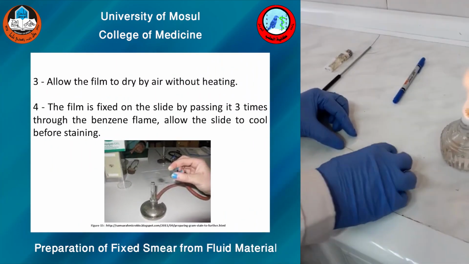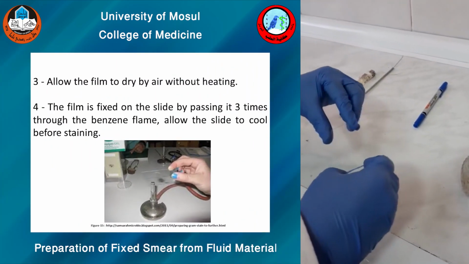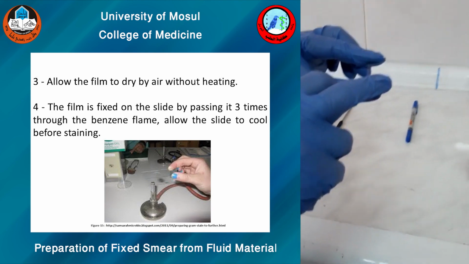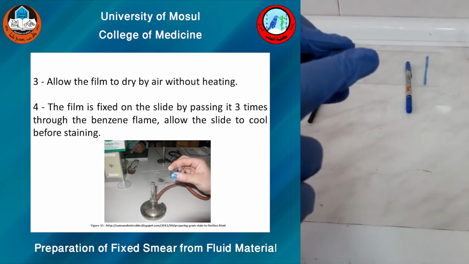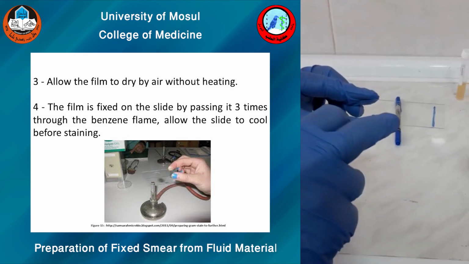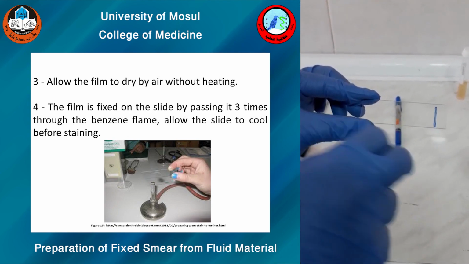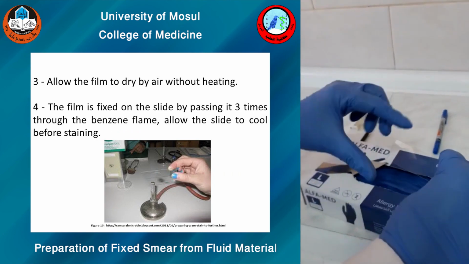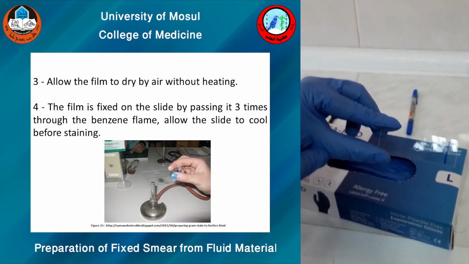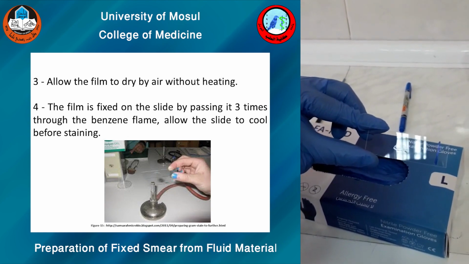Now we will allow the film to dry by air. Now there is fluid on the slide. We have to wait until it becomes dry. Here, as you see, there is fluid.